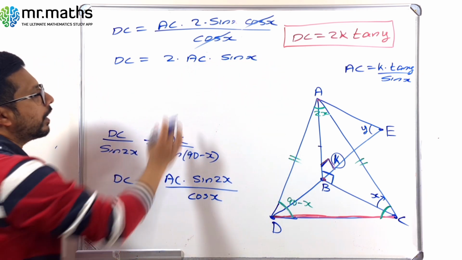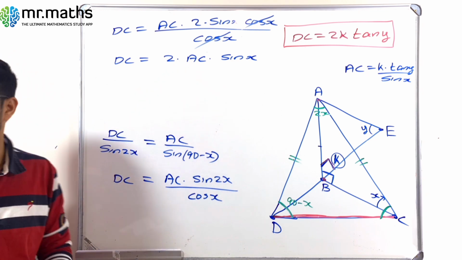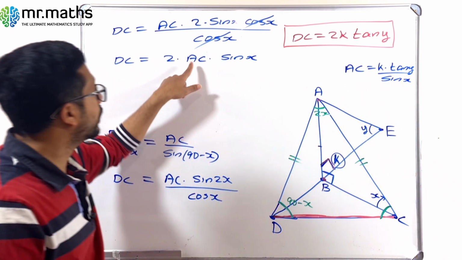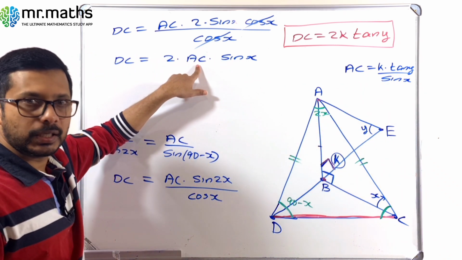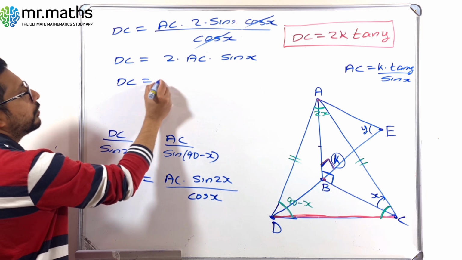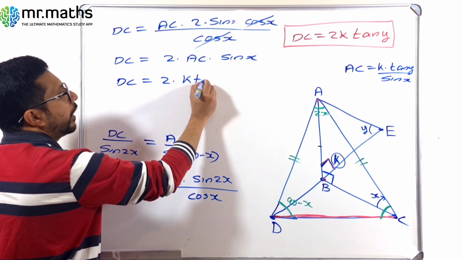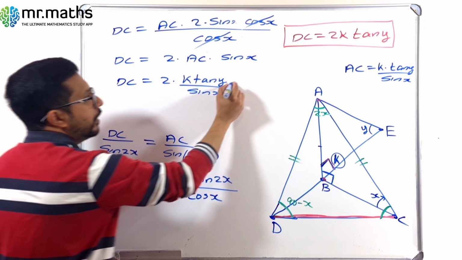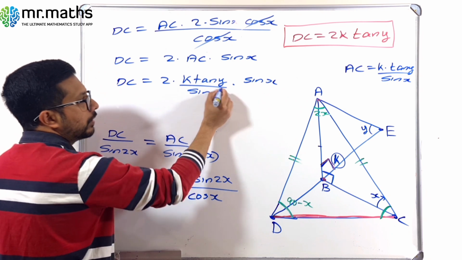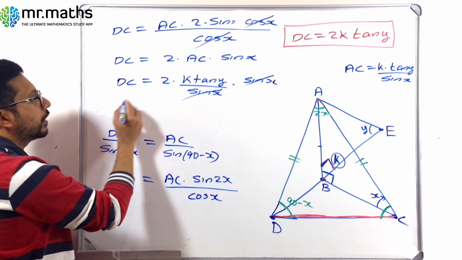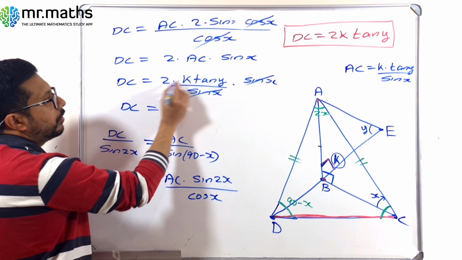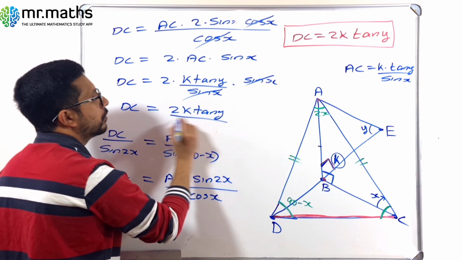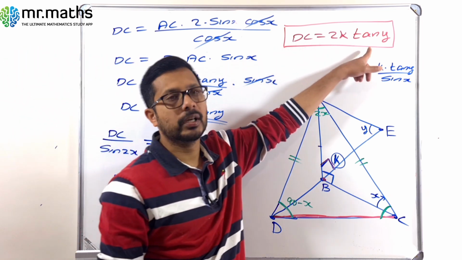Now we already got an expression for AC in the previous question, k tan y divided by sine x. So DC is equal to 2 into k tan y divided by sine x, that is AC, into sine x. This sine x and sine x cancel. So DC is equal to 2k tan y. Can you see we got the expression that they want, 2k tan y.